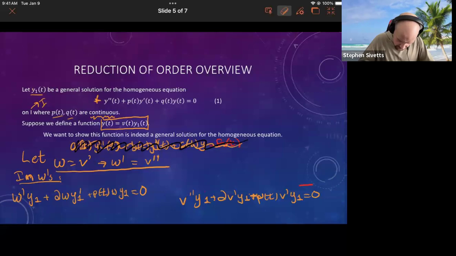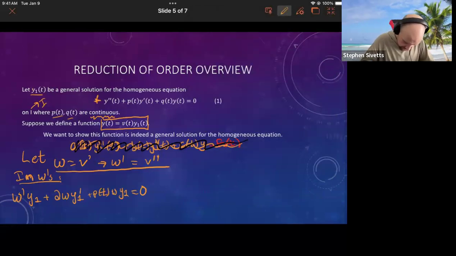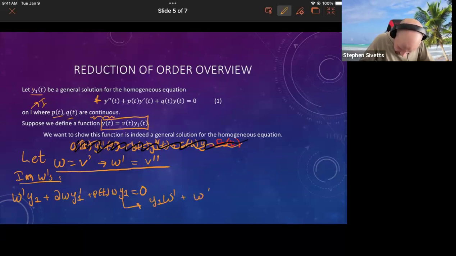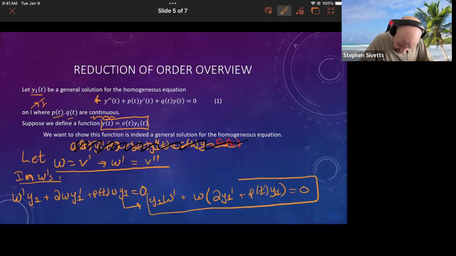So this equation equals y1 w prime plus w times y1 prime plus p of t times y1 equals 0. This here is a first order separable differential equation.